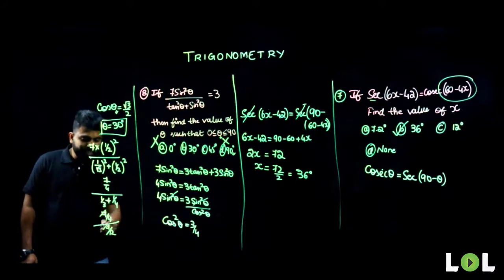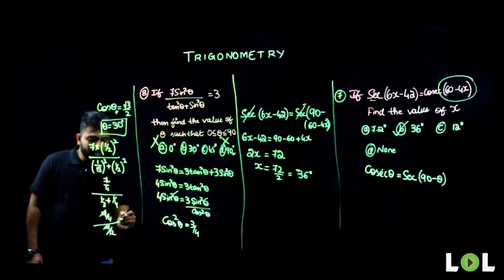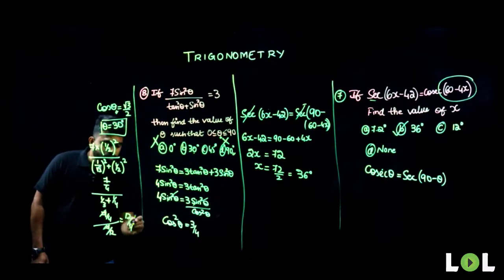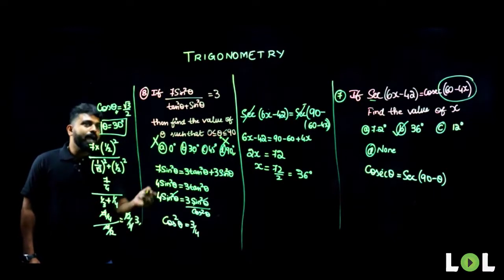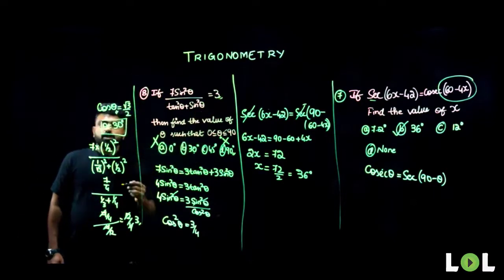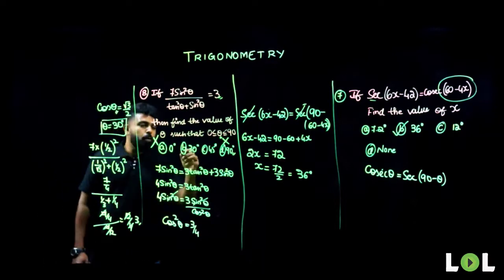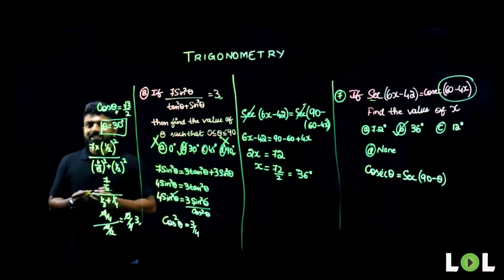So 7 gets cancelled. Moving 12 to the numerator, it will be nothing but 12 by 4. So finally I will be left with 3. So my left hand side is 3 and my right hand side is also 3. So my final answer is option B, 30 degrees.